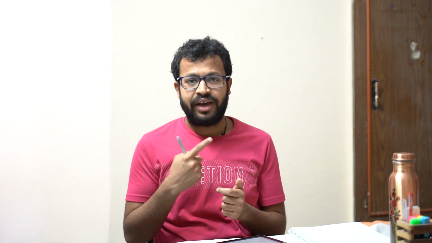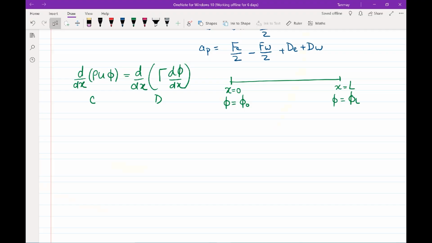It's not even a partial differential equation. It's an ordinary differential equation in one variable x, and we have one variable phi which is of our interest. So if you do the mathematics, it's very easy to show that the solution for phi is written in this particular form.